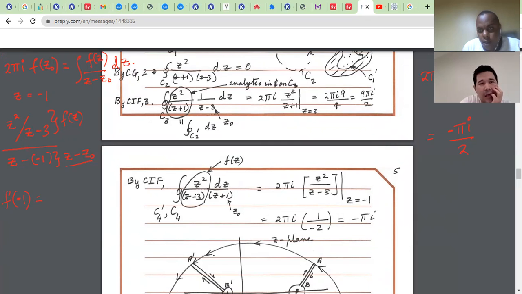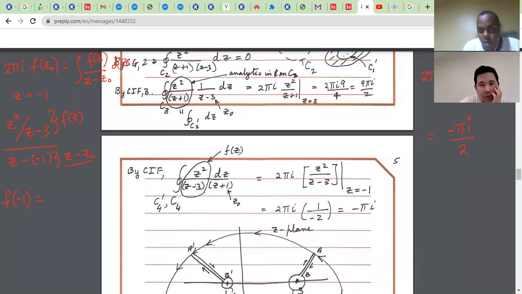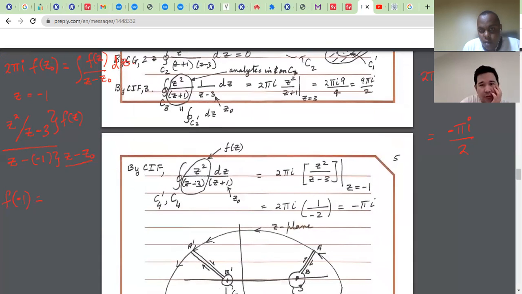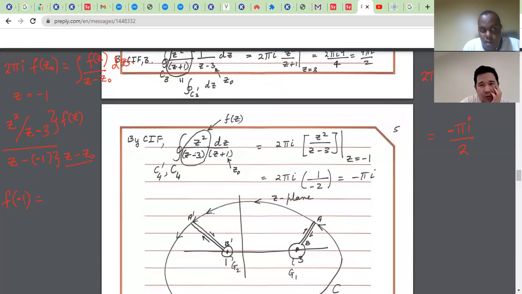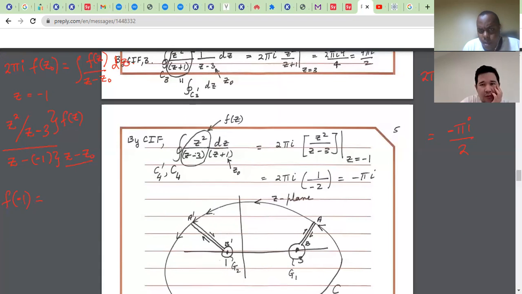Why did they get pi I? Did we forget to use limits? No, it's -1. 1 divided by -4. Z squared, it's 1, 1 over 4. I think it's a mistake. He said that the -1 is turning to 1.